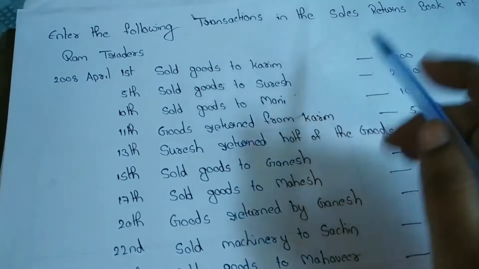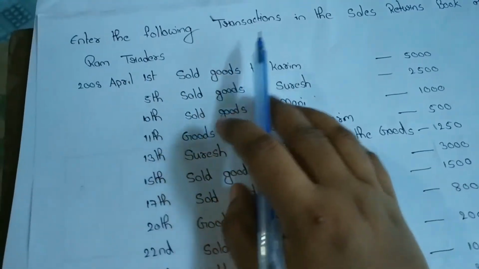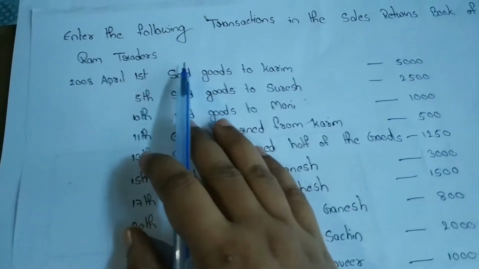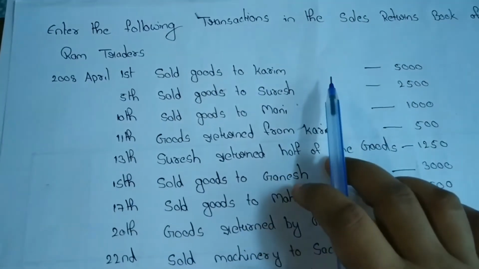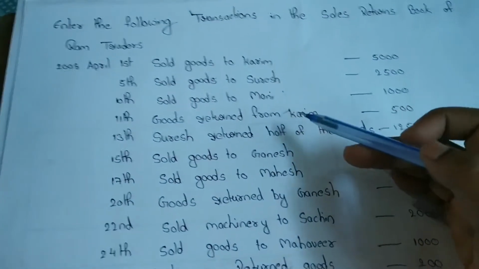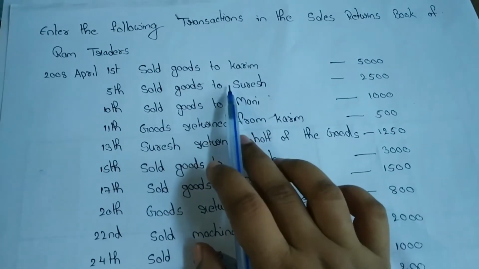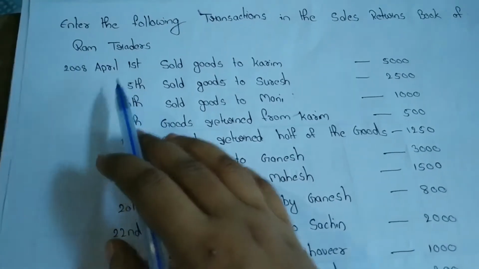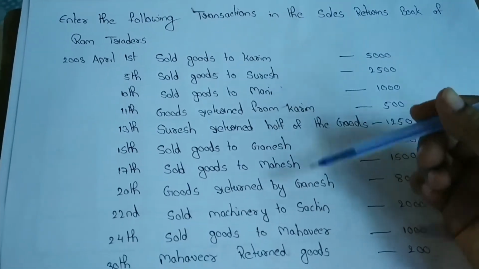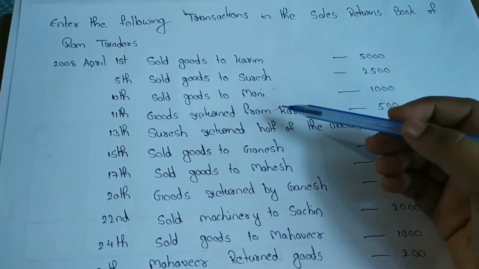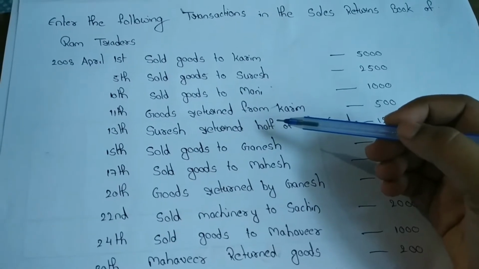Okay. Enter the following transactions in the sales returns book of Frontiers Traders. So you find a problem like this in our exams. These are the transactions that happened in the month of April 2008. In these transactions, along with sales returns, sales transactions also take place.